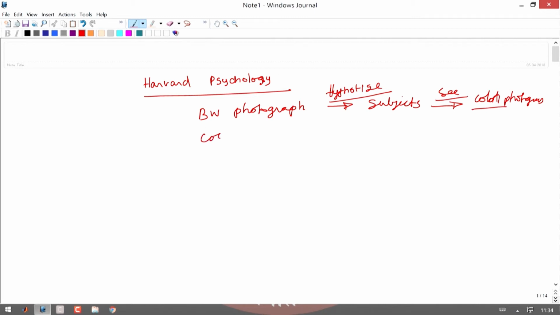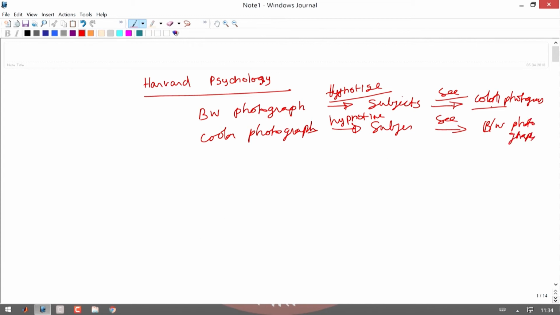Similarly, he could show real color photographs to the subjects, hypnotize them, and then make them see black and white photographs. So, they see a color photo or a black and white photo which is not real.